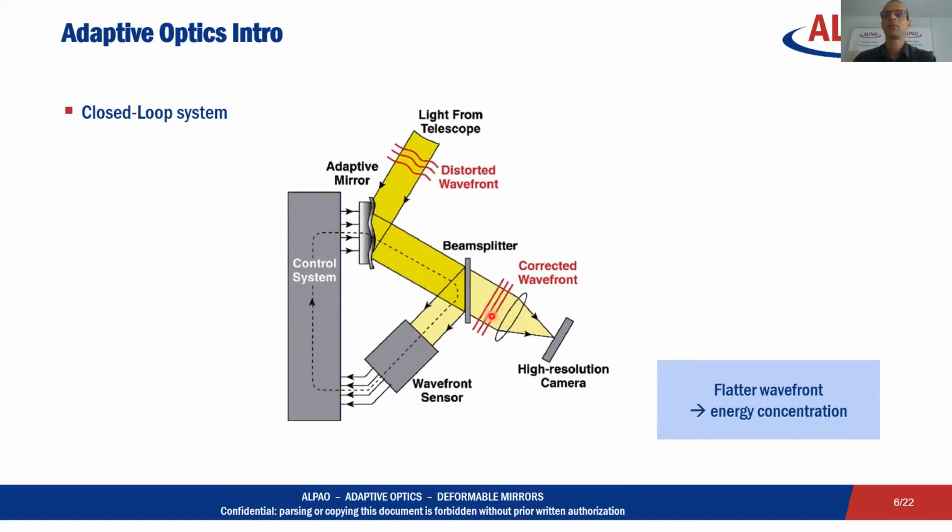I mean, there's always some residual error. We want to do this because a flatter wavefront translates to a higher concentration of energy into a smaller spot. This is really the same goal if you do imaging or if you do FSO. So that's the takeaway message from the slide.